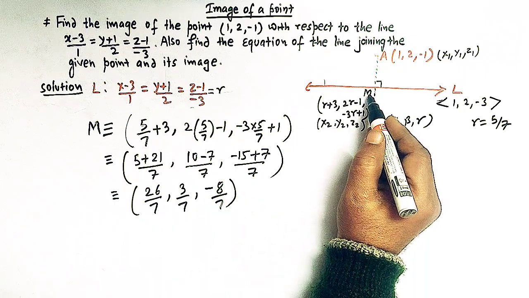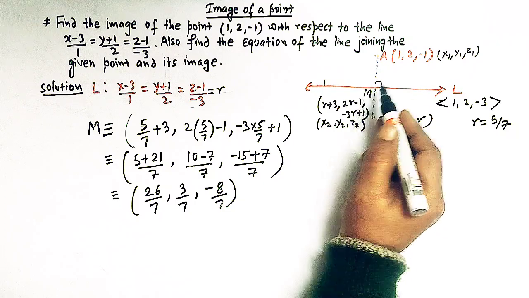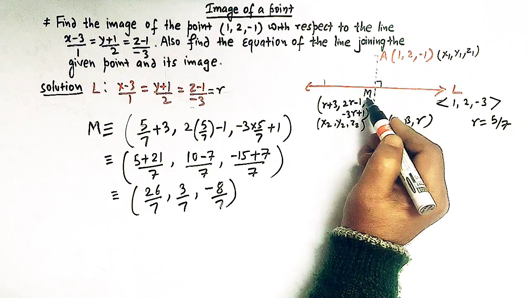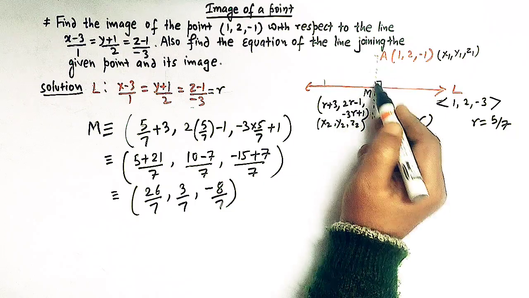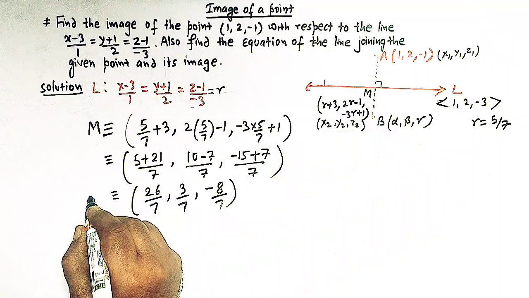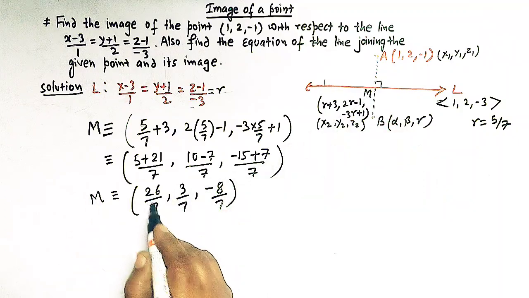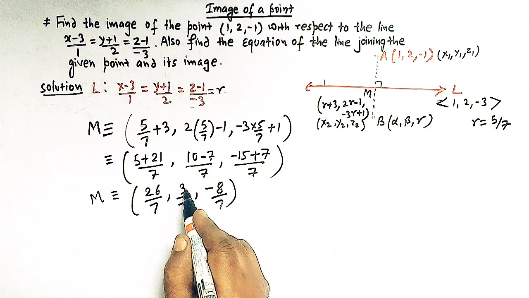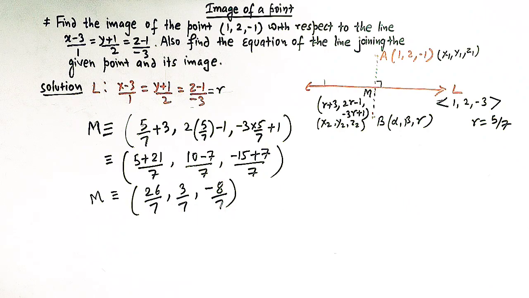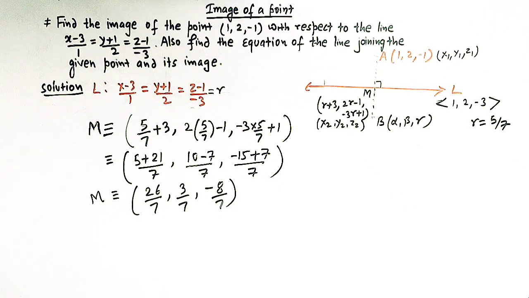So the coordinates of the point M, the foot of the perpendicular, are given by 26 by 7, comma 3 by 7, comma minus 8 by 7.